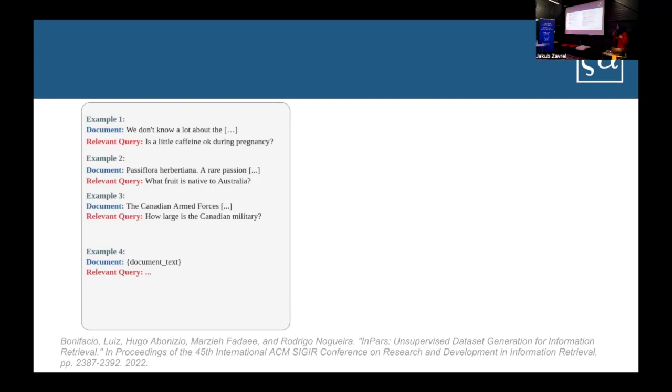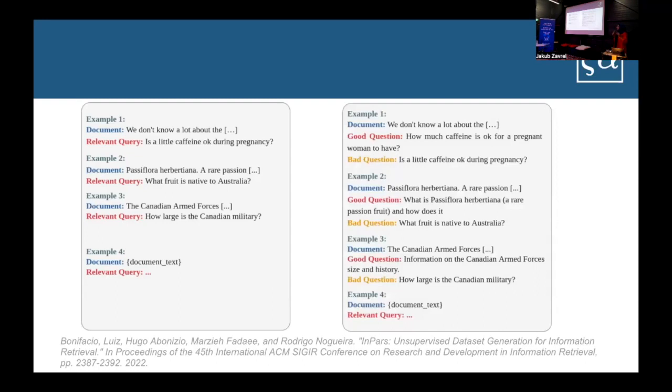So in the second set of experiments, we came up with a more interesting, I would say, prompt. So what we had in mind here was that what if we tell the language model what we consider is not a good question and force it or urge it to generate a better question. So we use the original questions from the training data as examples of a bad question.